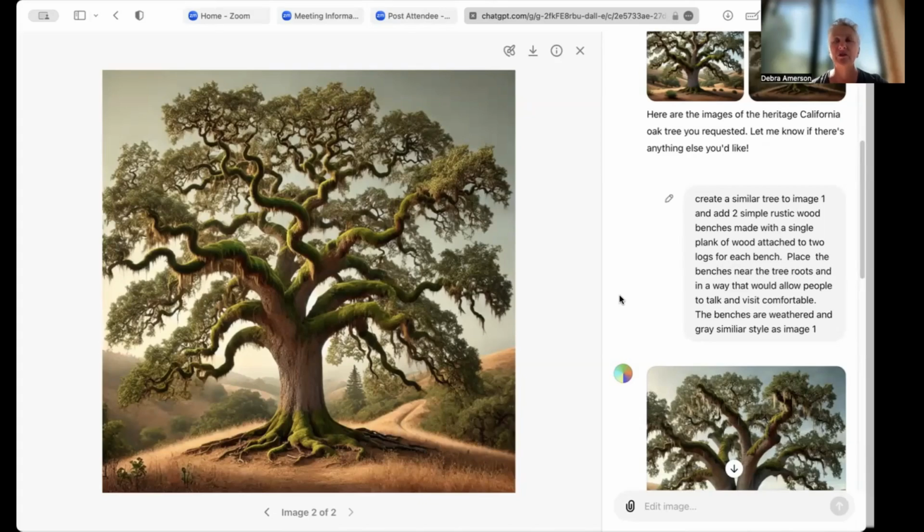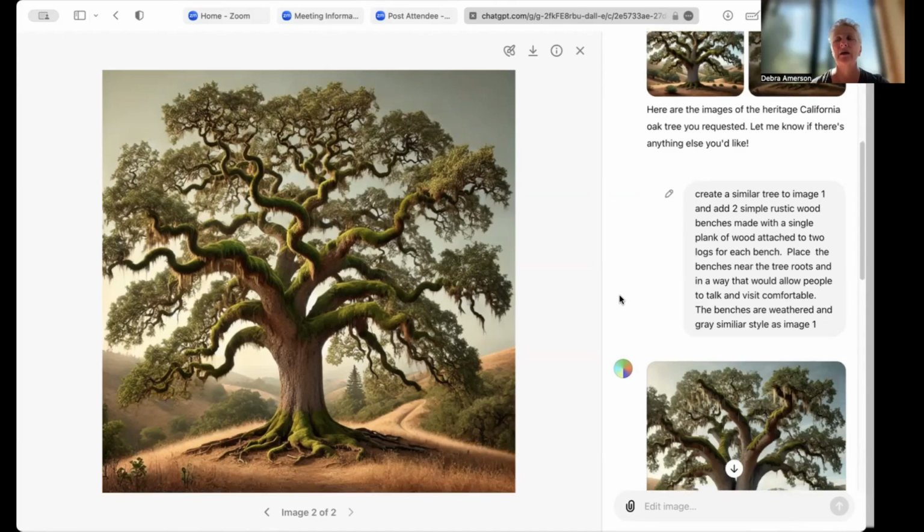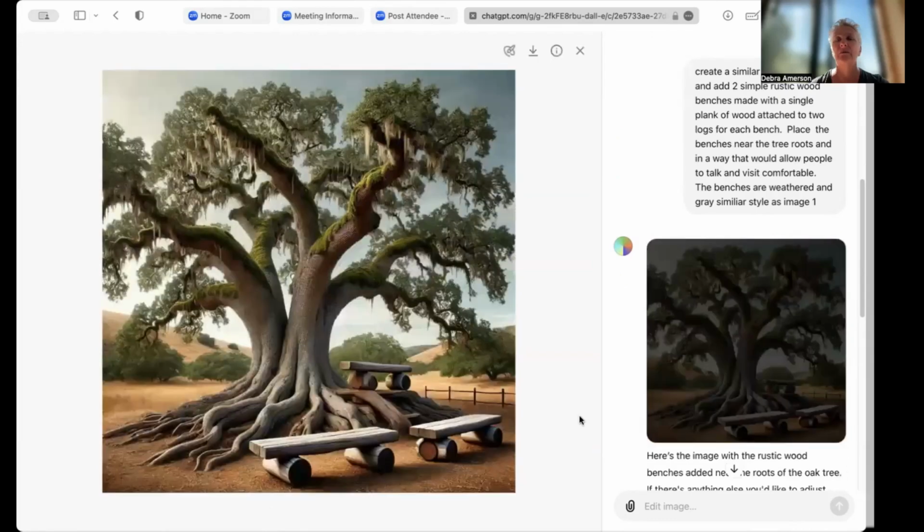Place the benches near the tree roots and in a way that would allow people to talk and visit comfortably. The benches are weathered and gray, similar to the style in image one. And this is what came out.